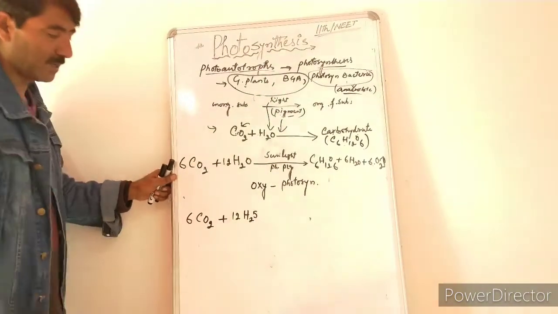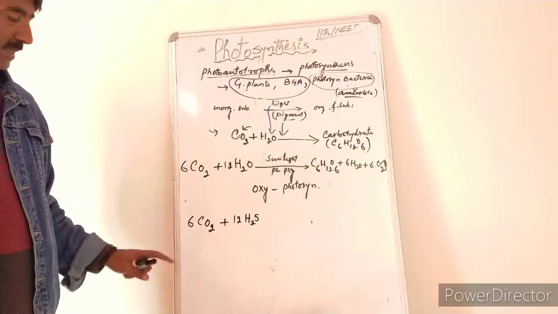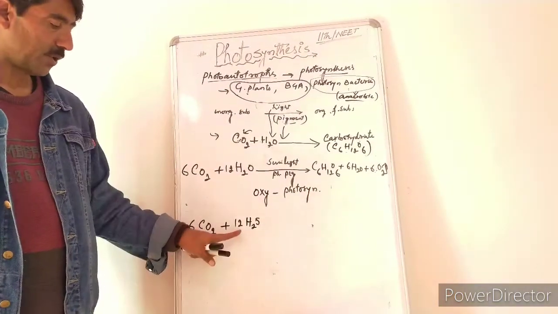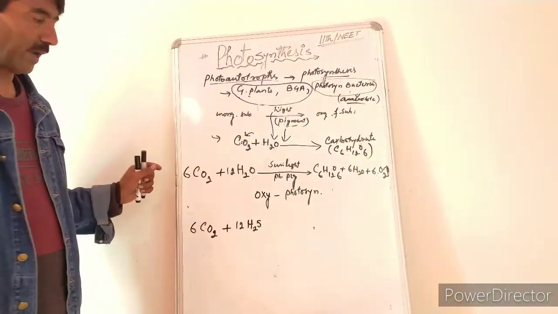So if we take this reaction, it would be 6 molecules of carbon dioxide and 12 molecules of hydrogen sulfide.